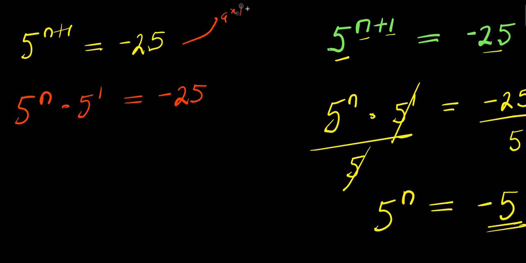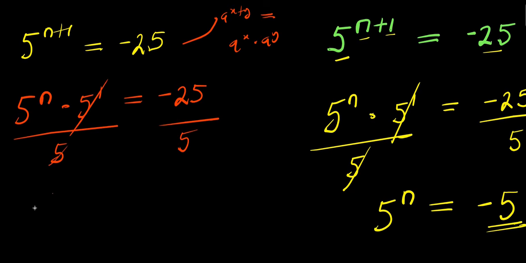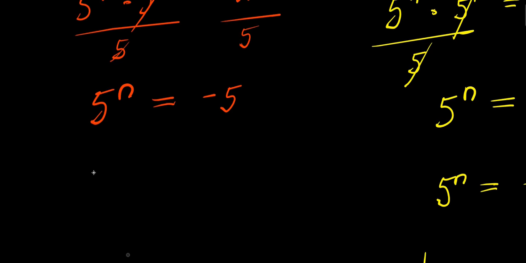You have a power x plus y equals a power x times a power y. So from here, we divide by 5. This cancels this. I have 5 power n equals negative 5. So from here, I can have 5 power n equals this negative 5, simply negative 1 times 5.